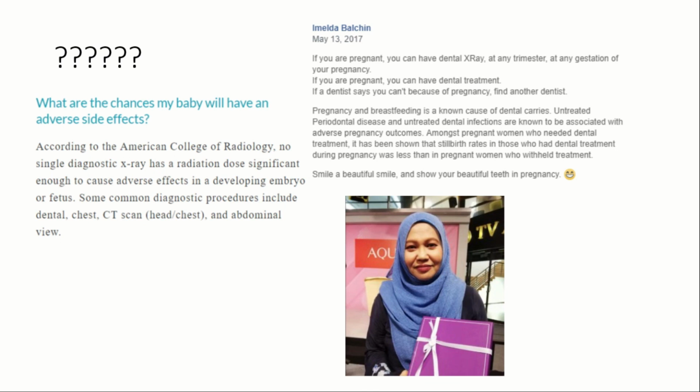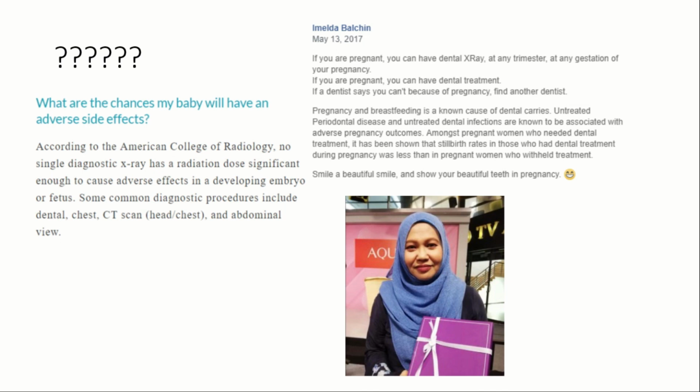The best period to take X-rays or provide dental treatment to a pregnant patient is during the second trimester, but try to avoid unnecessary X-ray exposure. If you want to treat in the first trimester, you have to consider the organogenesis process.